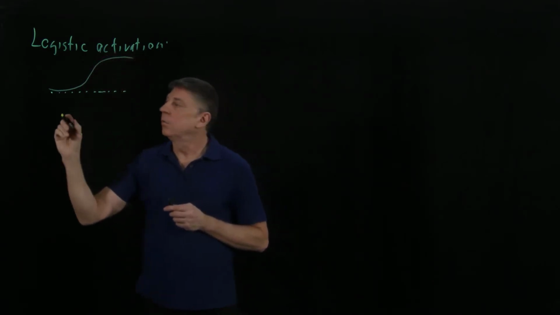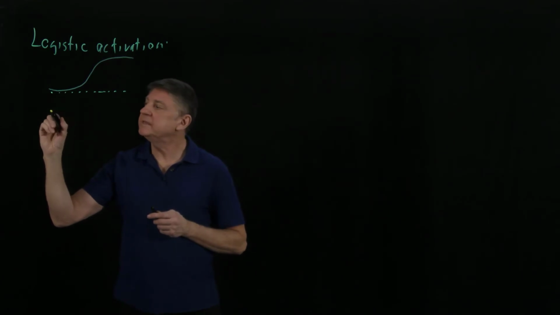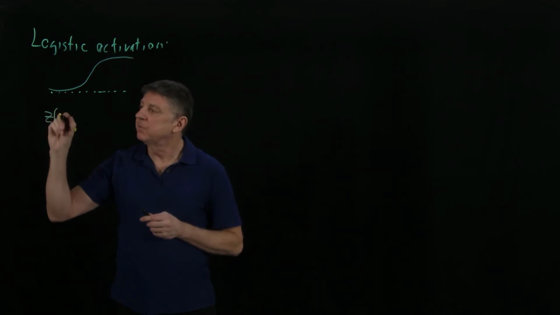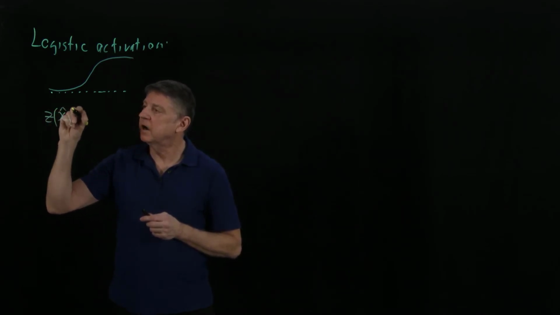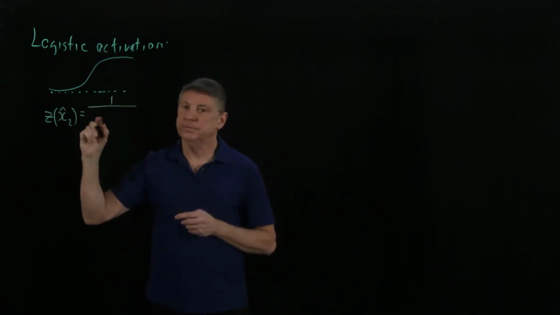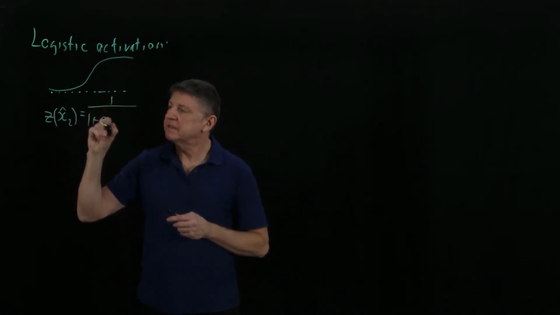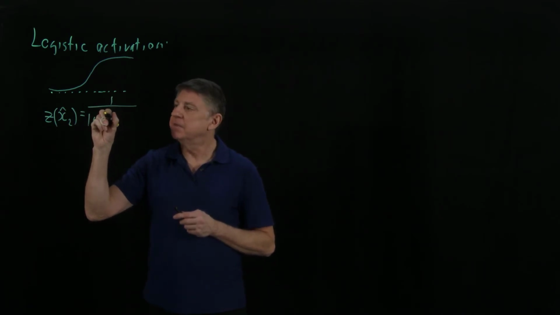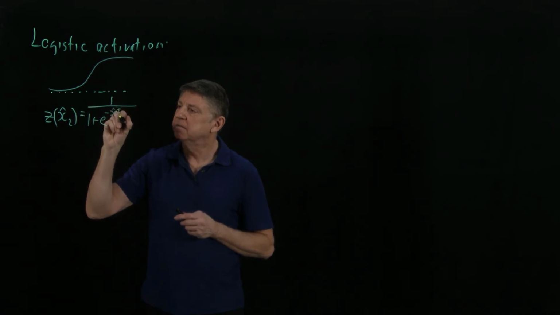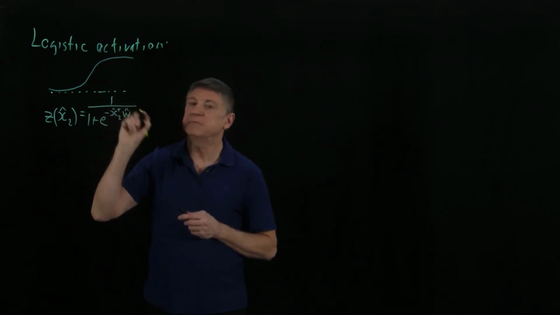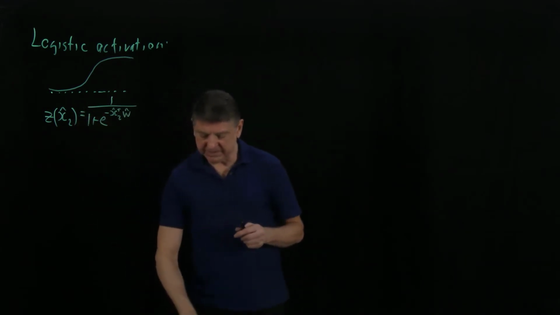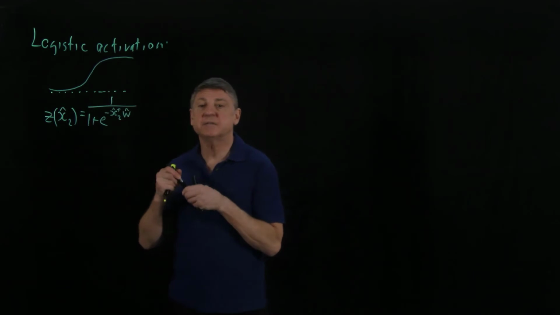And so we say that the activation for an augmented data vector i, we earlier defined that as being 1 over 1 plus the exponential of the negative of the dot product between that augmented vector and the augmented weight vector for the neuron. So this, we can also see, is a smooth approximation to the Heaviside function.